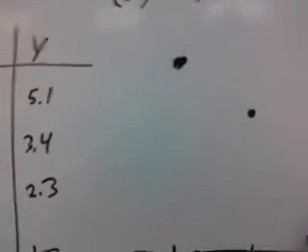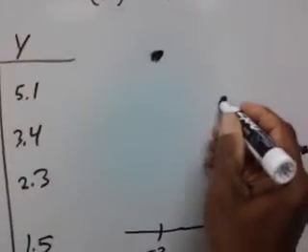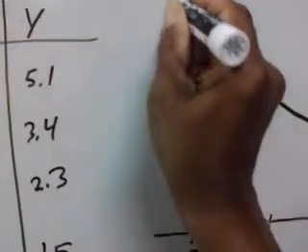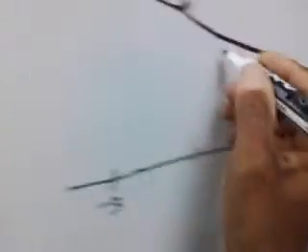Okay, you can see I'm a little off there, so I'm not using graph paper. So I just try to make it as accurate as I can, but a nice smooth curve. Okay, like that. See, it's not a straight line.